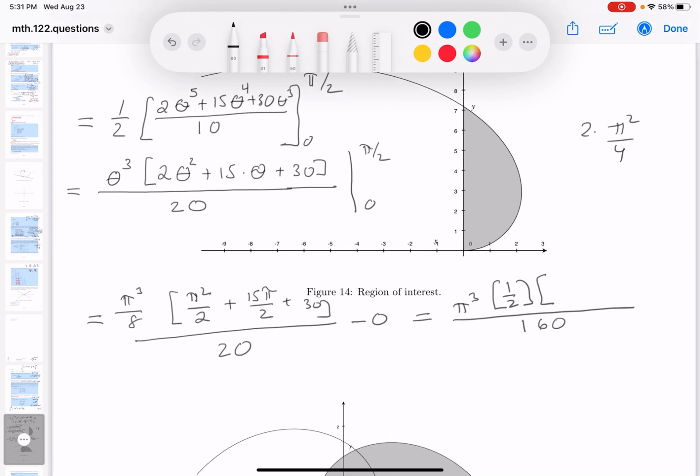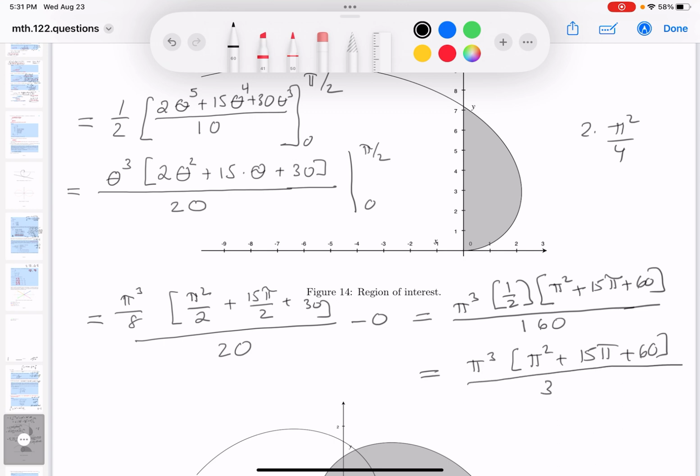Pi squared plus 15 pi plus 60. Boy, it really doesn't seem like it's getting any better. So I'm going to multiply top and bottom by 2. You get pi cubed times pi squared plus 15 pi plus 60, all over 320.